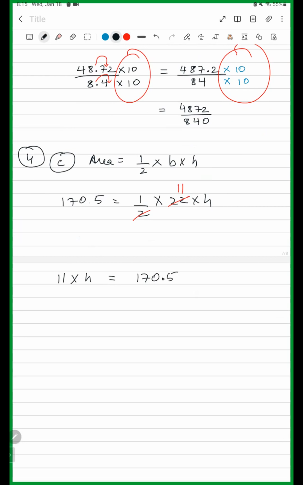Okay. Now tell me, how will we find h? h is equal to, we will multiply both of them. No, sorry. It will be 170.5 divided by 11. Yeah. Then we multiply both of them with 10. Okay, good. Then what will this become?